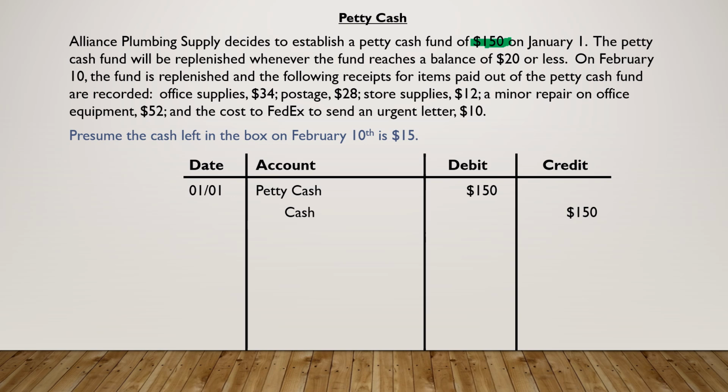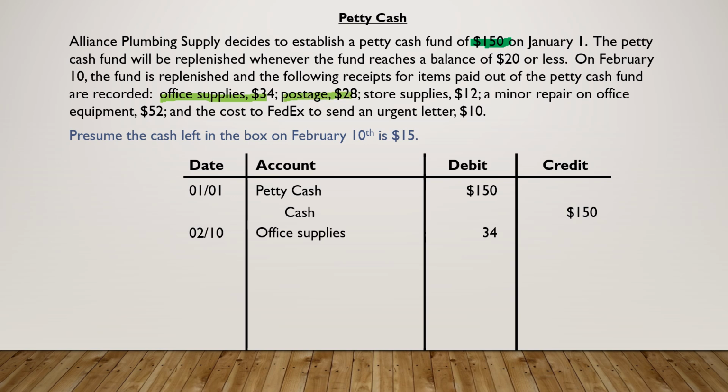On February 10th, we replenish the cash box. The payment report indicates the following amounts were dispersed for the following reasons. These items will be debits to the appropriate accounts in the journal entry. Debit office supplies for $34.